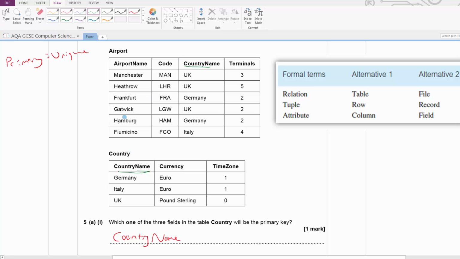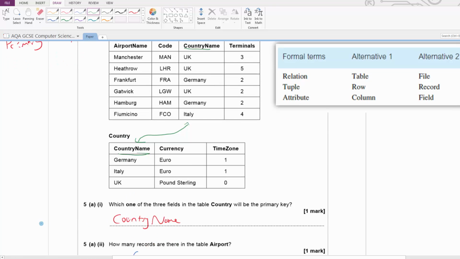So if we're focusing on the country table, this is our primary key, as we've said, and it's connected to this foreign key in the airport table. If we're looking at it the other way around, in terms of the airport table, the primary key is country name and it's linked to this foreign key in the country table. So it depends which way you're looking at it, but really we have a primary key of the country table which is also in the airport table, which is the foreign key.